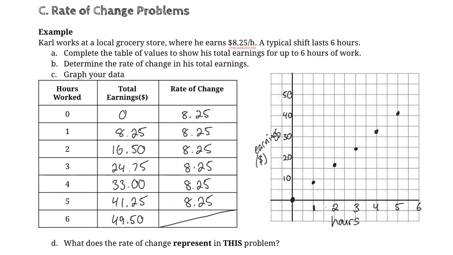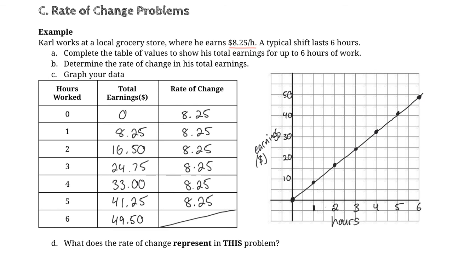And you can see that this forms a straight line. So we can draw a line right through it as straight as we can, or use a ruler if you're creating your own notes. And there you have it, that's our graph.